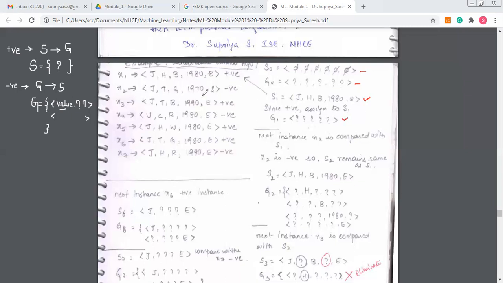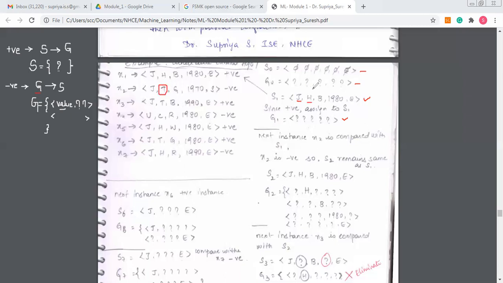The next instance is x2, which is a negative instance. When I get a negative instance, I'm only going to touch the generic term and not the specific term. So S2 remains the same. But for G2, since it's a negative instance, I have to compare each and every term. So I'm going to compare S1 with X2. I compare J with J, it's the same. Again, H and T, I observe a difference.